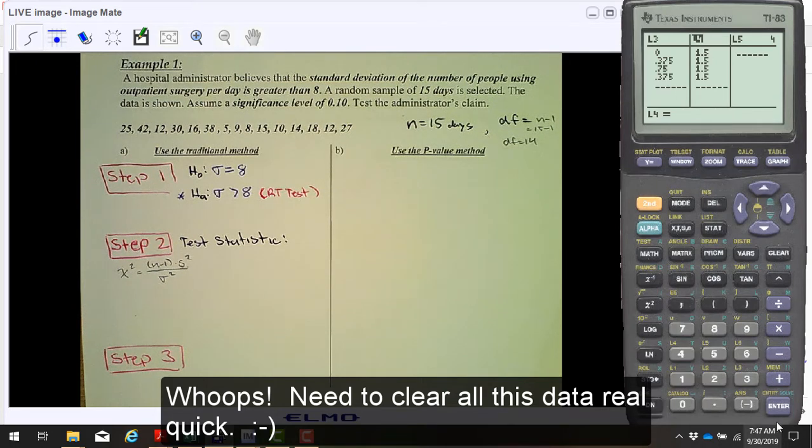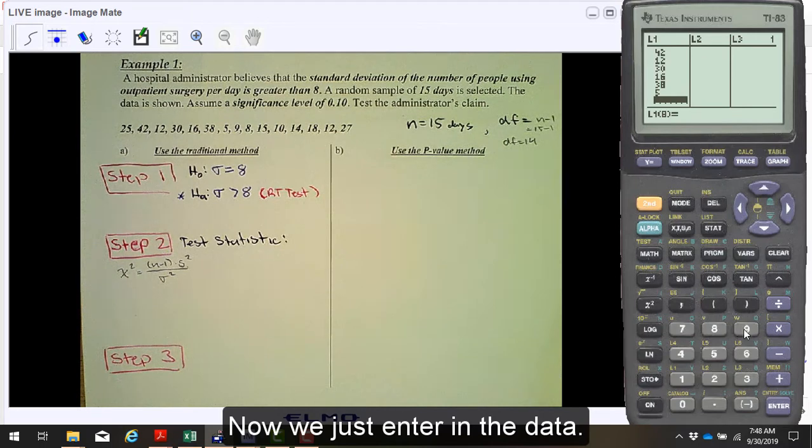Whoops, need to clear all this data real quick. Now we just enter in the data.